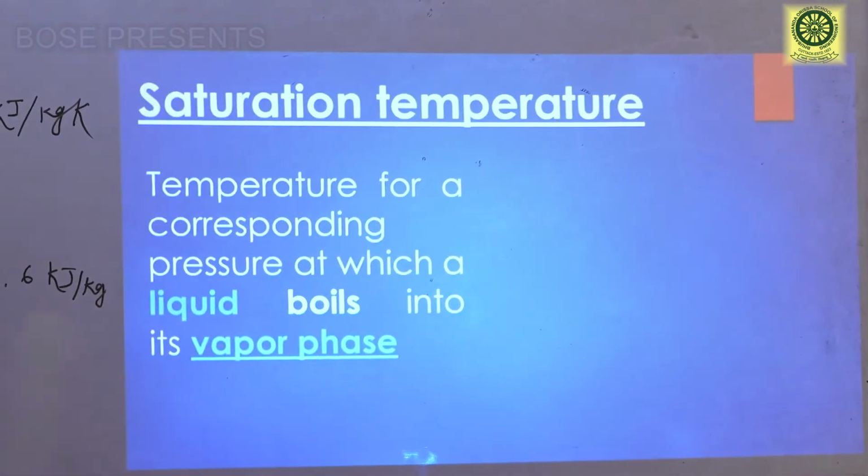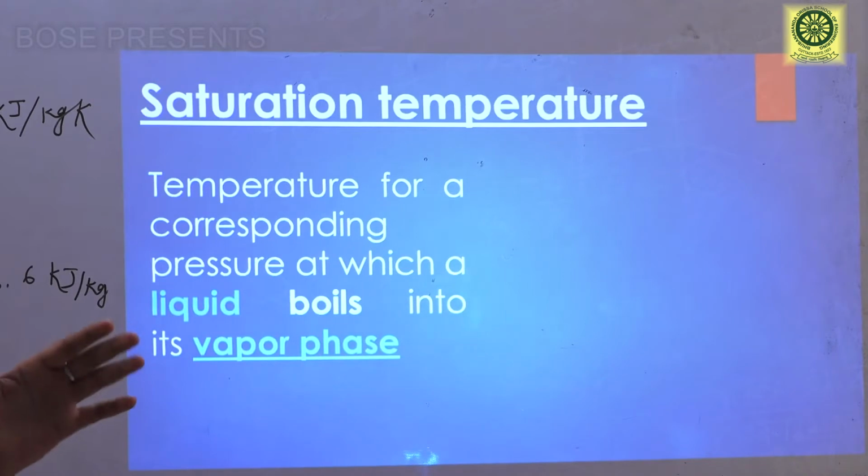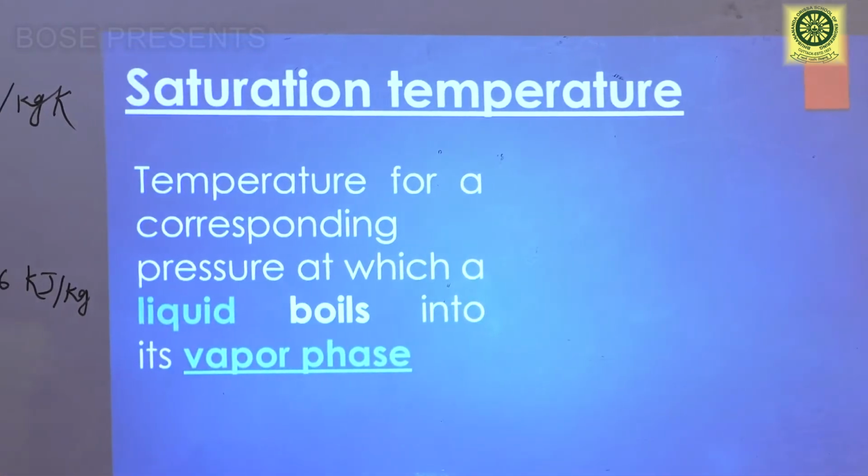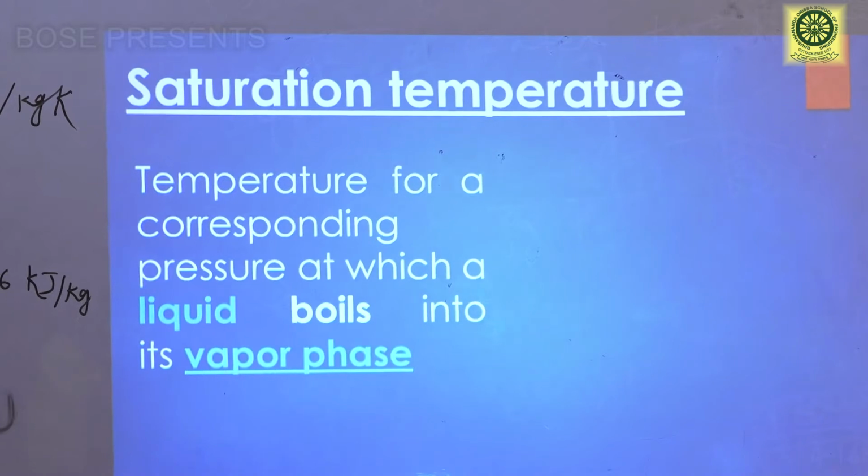Before going to the diagram, let me introduce some terms that are very important in order to understand the steam table. First, saturation temperature and saturation pressure. These two terms are very important in order to understand your steam table. So first is saturation temperature.